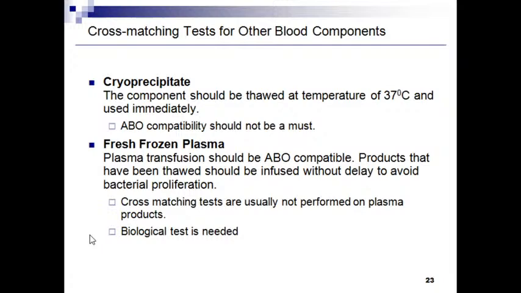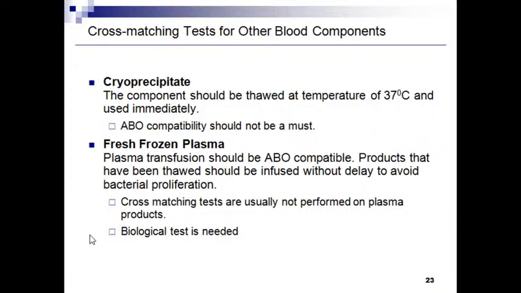Cryoprecipitate. The component should be thawed at a temperature of 37 degrees and used immediately. ABO compatibility is not a must because it does not contain antigens critical for the recipient's immune system. Fresh frozen plasma transfusion should be ABO compatible.